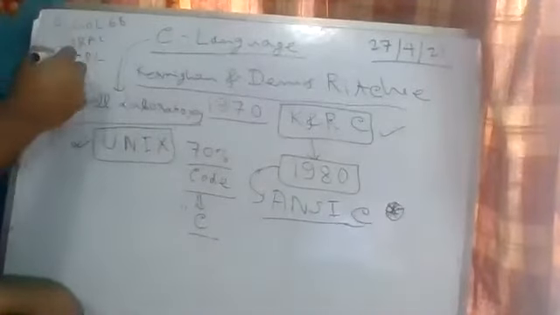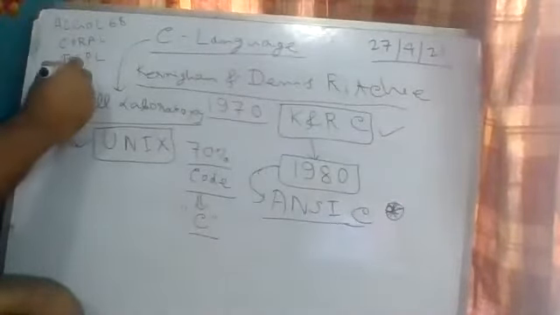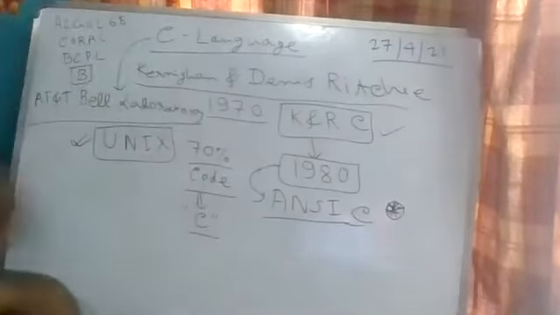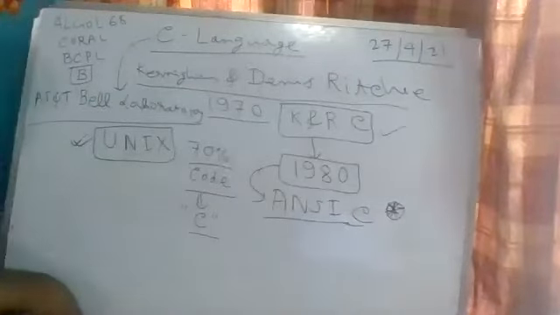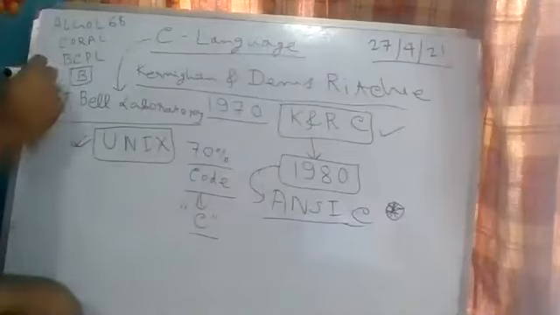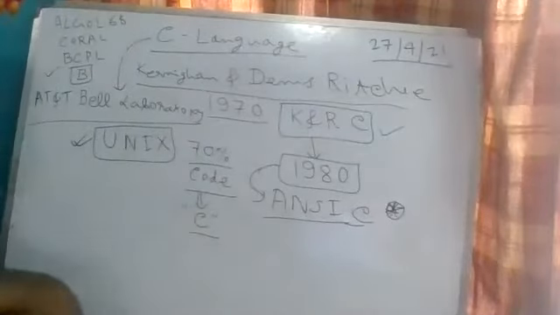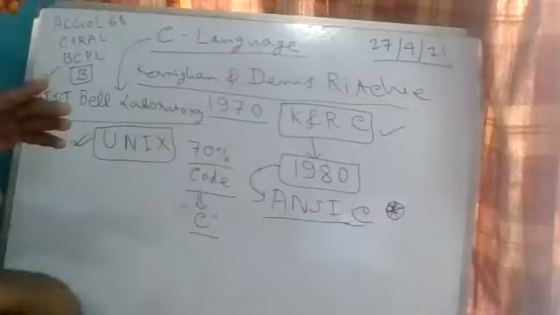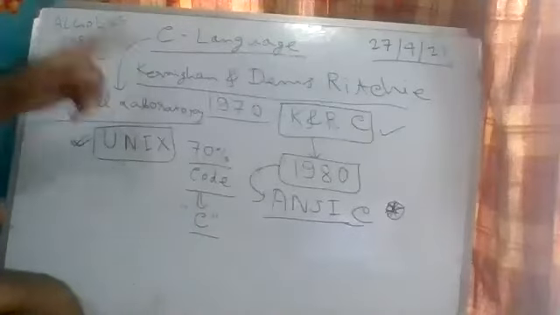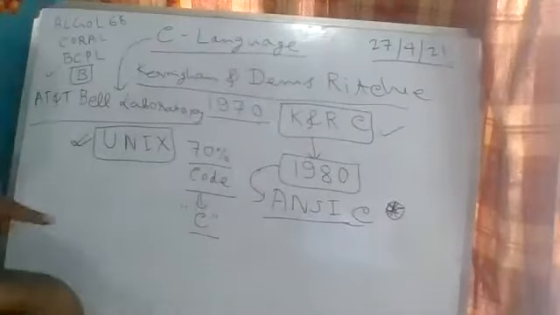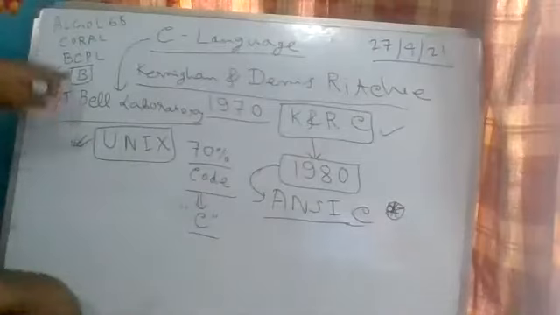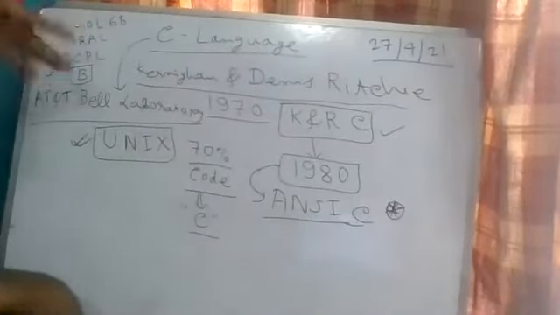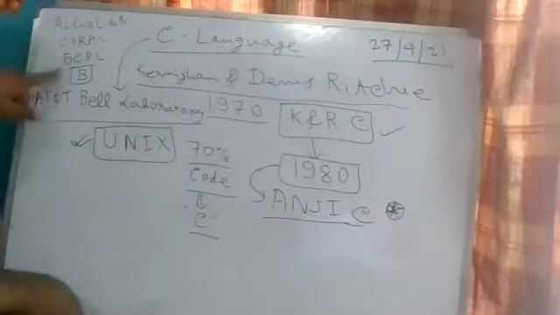But just before C, there was one language which was B. You know, B comes before C, right? B was the predecessor of C, or you can say C is the successor of the B programming language. Algol, Coral and BCPL came much before B.